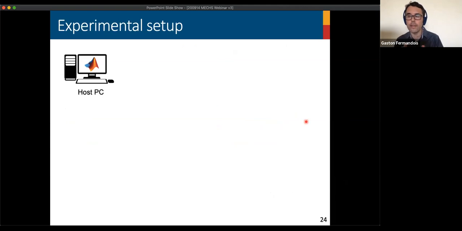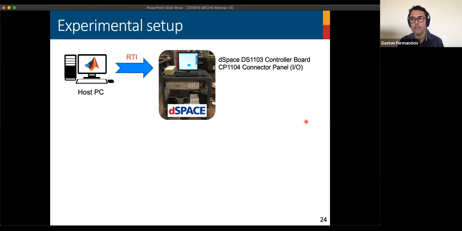So the experimental setup is as follows. We have a host PC that will hold all the numerical computations, algorithms, numerical substructure if necessary, or communication protocols. And all this code is going to be compiled and stored in a microcontroller, a real-time system, in order to conduct all the computations at a real-time execution.